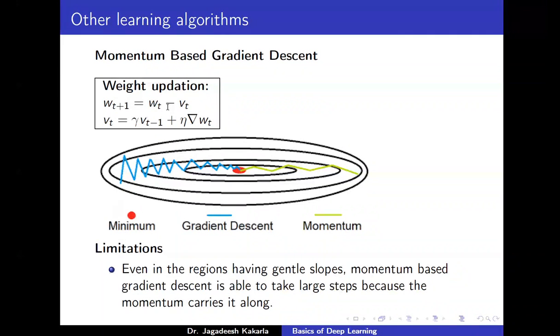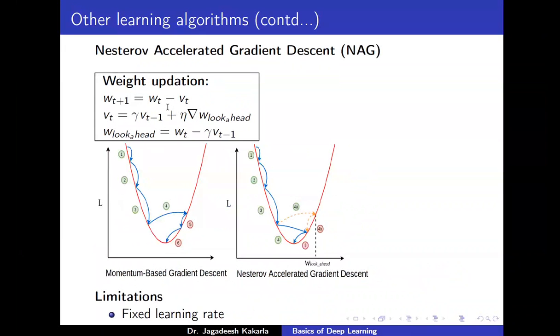But what is the drawback? It takes U-turns. Now we have the Nesterov accelerated gradient descent, which we will call NAG. Here we have understood that with momentum based gradient descent, you are taking the U-turn.